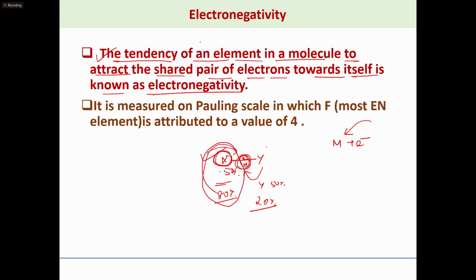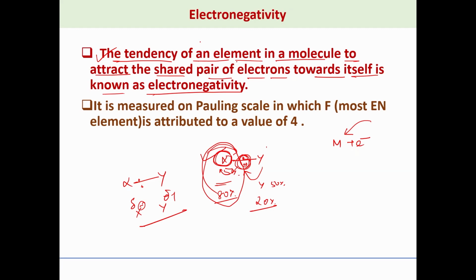The shared electrons are then more towards X, so X becomes more negative, delta negative, and Y becomes delta positive. Because here not one full electron is coming to X, the pair is only pulled closer, since X has more electronegativity than Y.